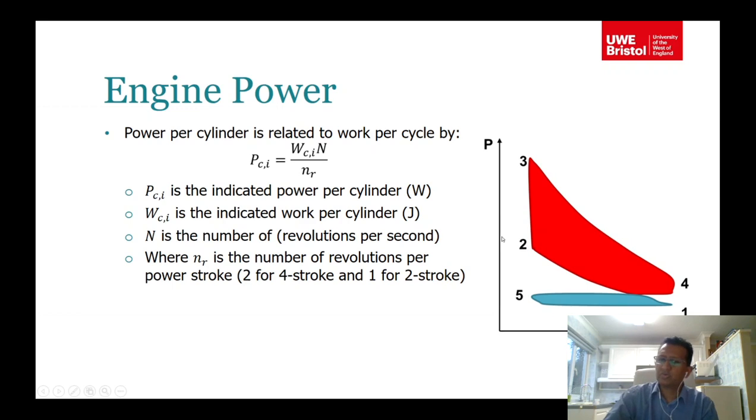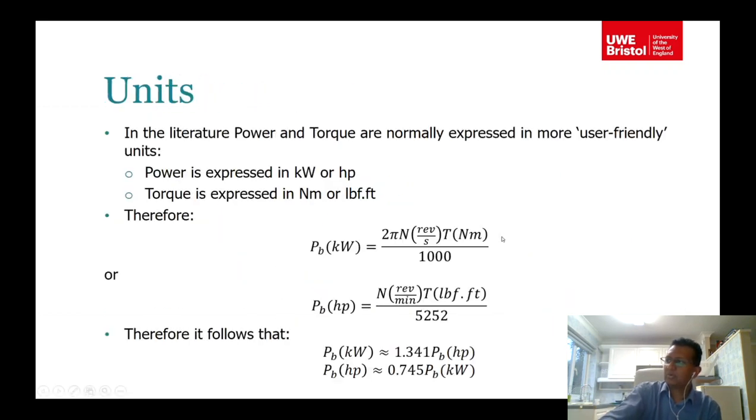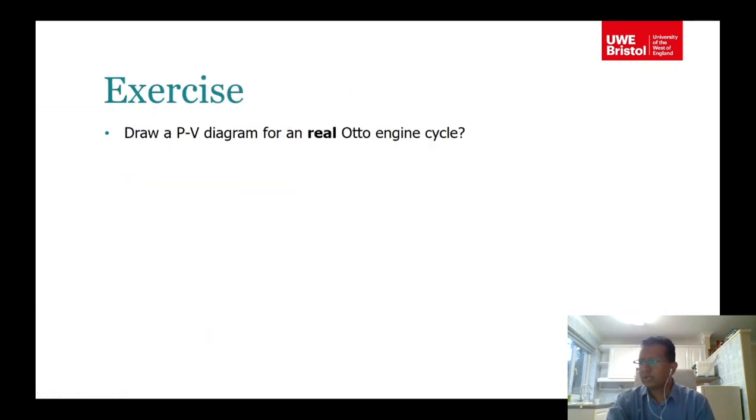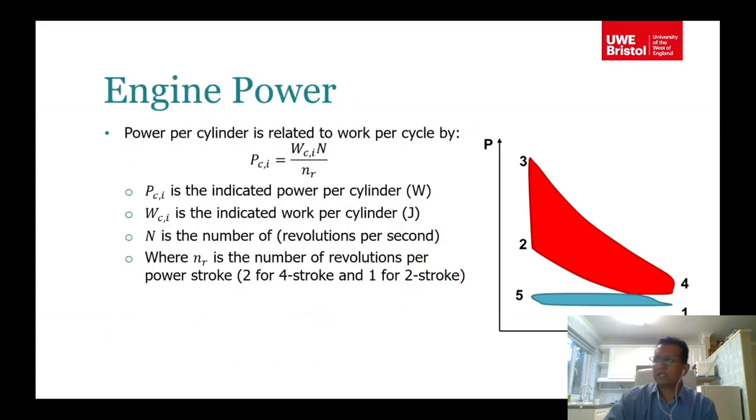So for example, if this is your dyno, that's your dyno, and that's your engine, and if it has 4 cylinders, then in here your n would be 4.